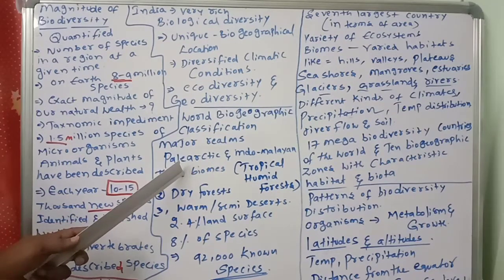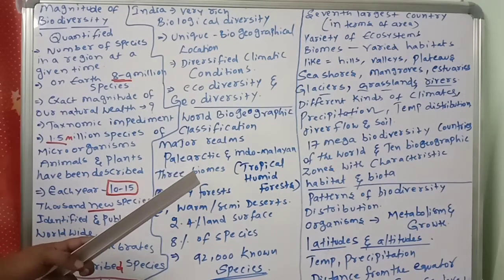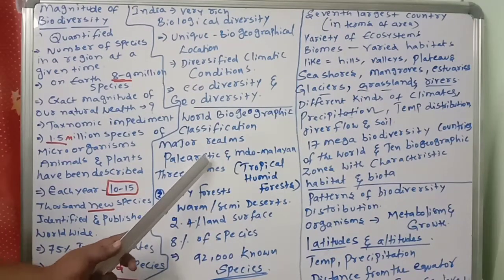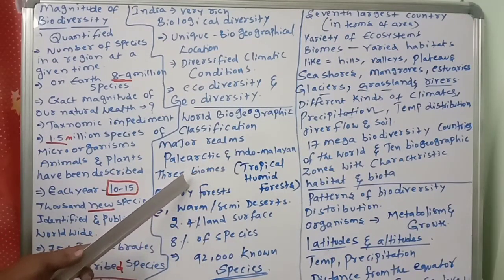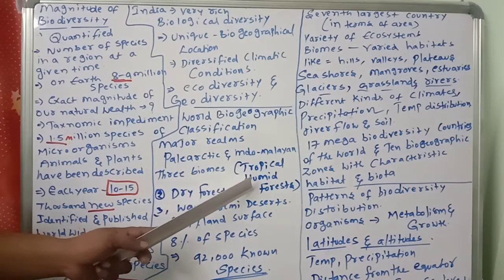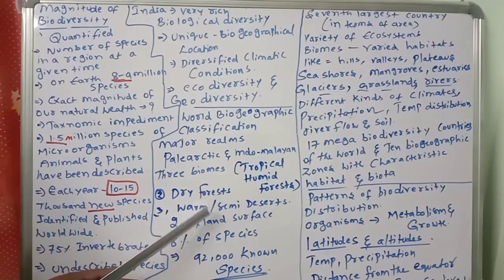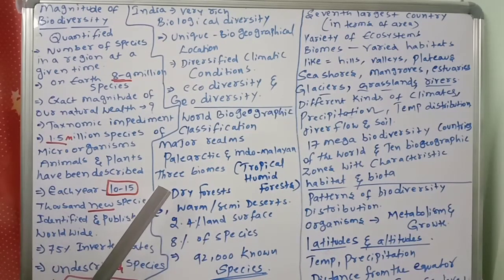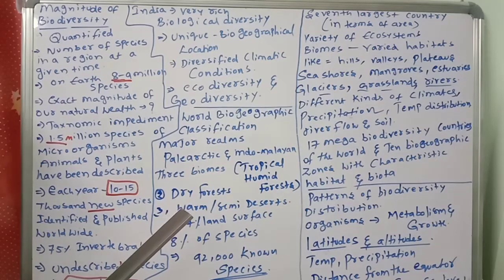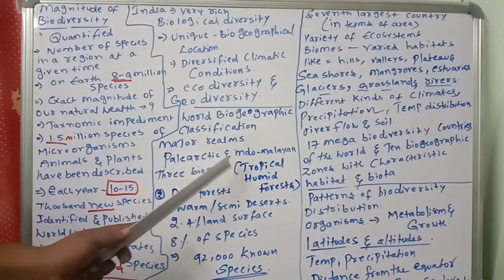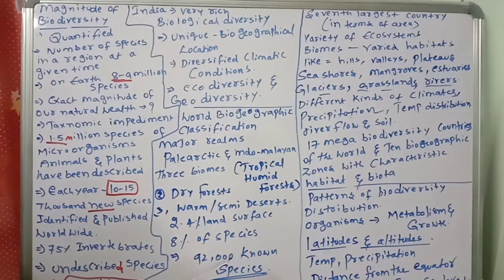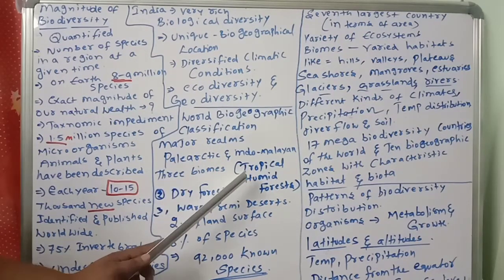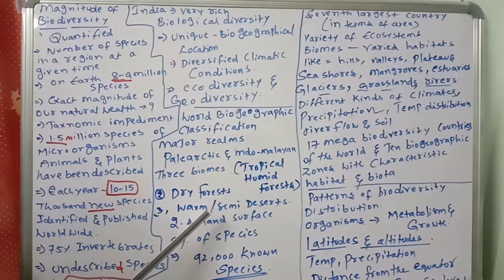Number one, the Palearctic and Indo-Malayan, and three biomes. What are the three biomes? Tropical humid forests, dry forests, and warm and semi-deserts.